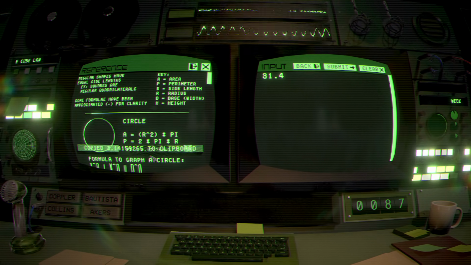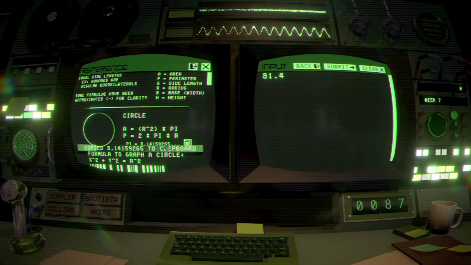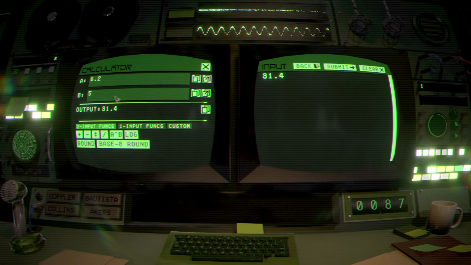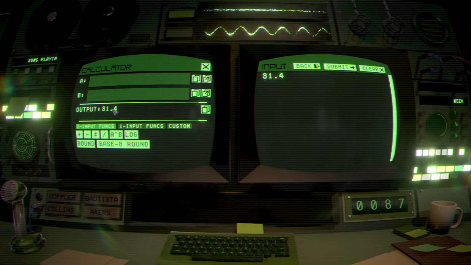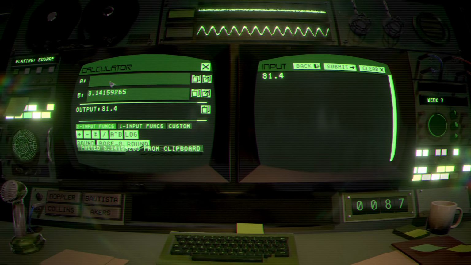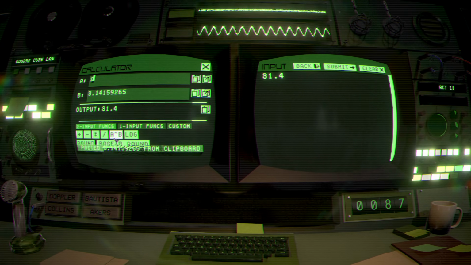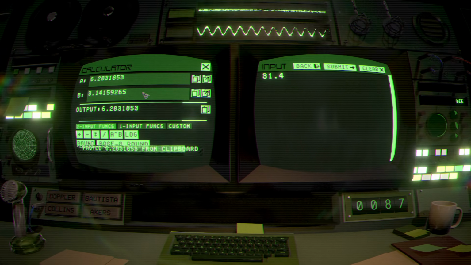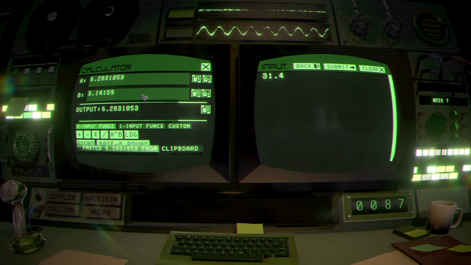Oh, it gives us the whole pi. I should have used that. So 2 times pi. Maybe I'm rounding too much. 2 times pi times 5.